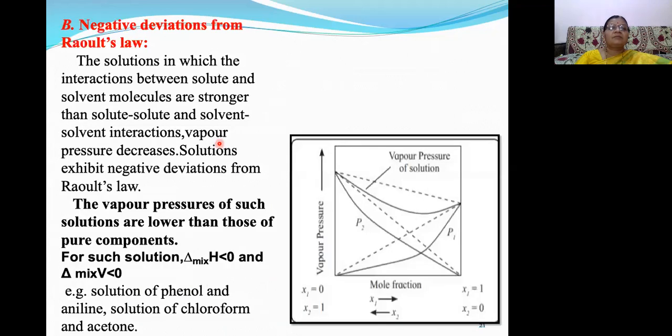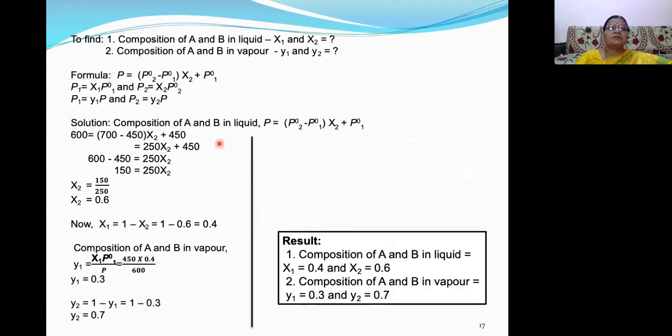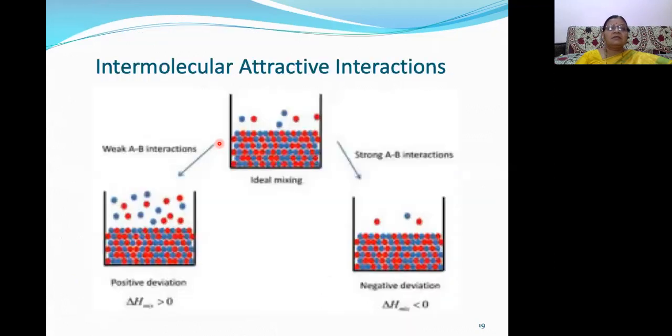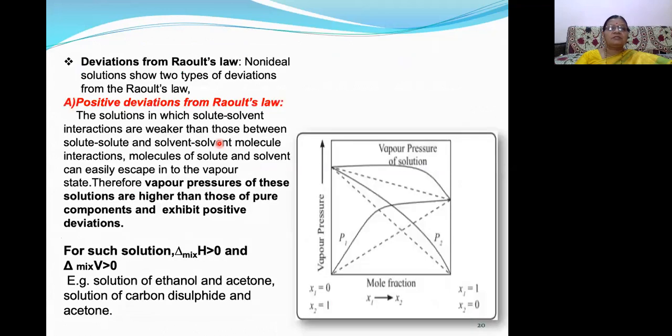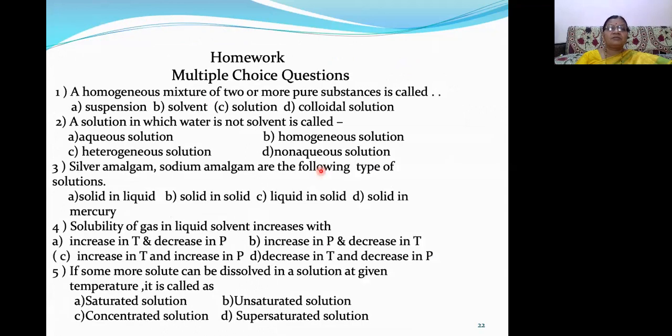Today, here we discuss the difference between the ideal and non-ideal solution, again the intermolecular attractive interactions in case of ideal and non-ideal solutions, positive and negative deviations from Raoult's law for non-ideal solution with the help of these graphs, and a few multiple choice questions from this chapter, solution.